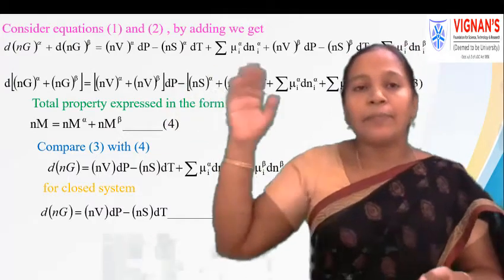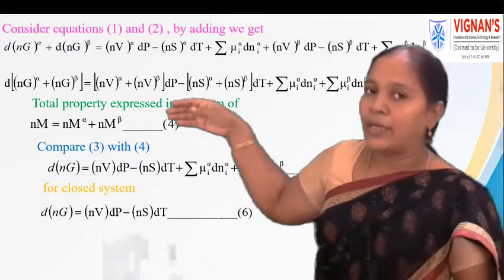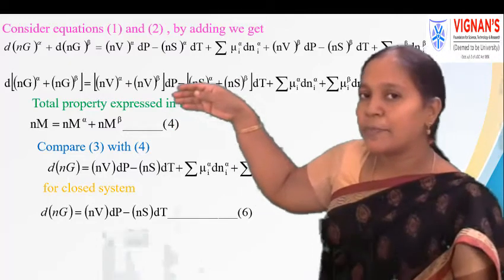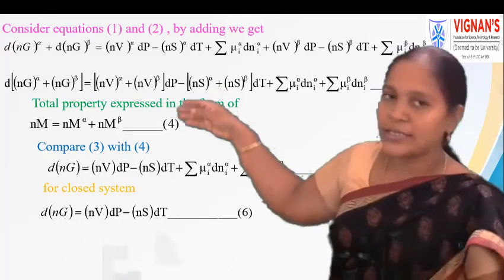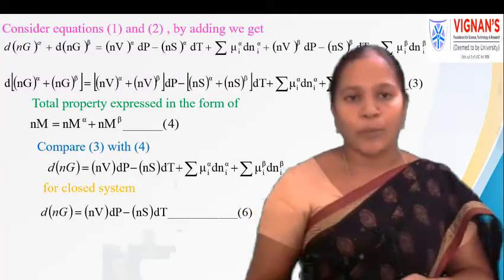Here, nV power alpha plus nV power beta equals nV. Similarly, nS power alpha plus nS power beta equals nS, which comes from the total property.